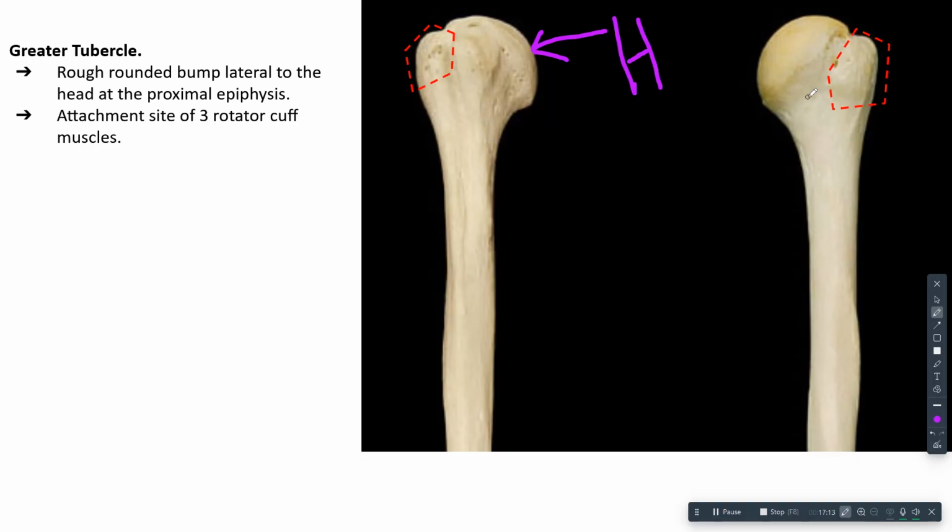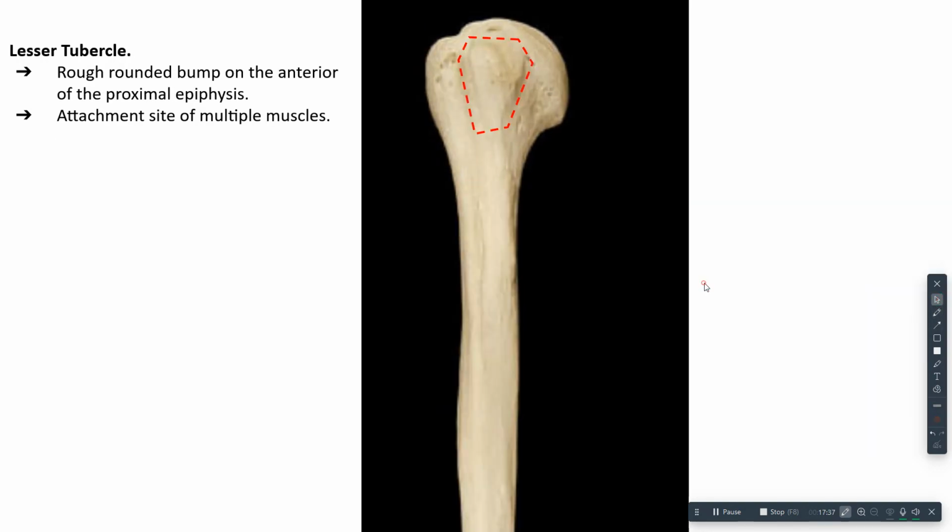And a bunch of stabilizing shoulder muscles called rotator cuff muscles that we'll meet later are going to attach there. Okay, of course, if we have a greater version of something, we also have a lesser version of something. So if there's a greater tubercle, there must also be a lesser tubercle. And so the lesser tubercle is this anterior bump.